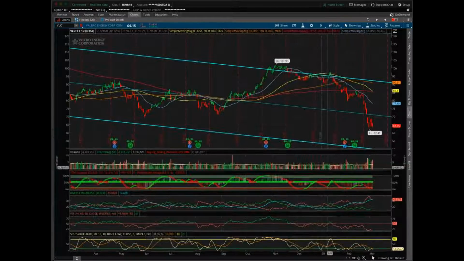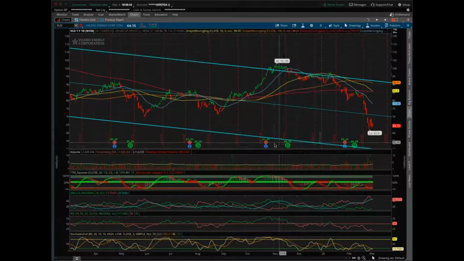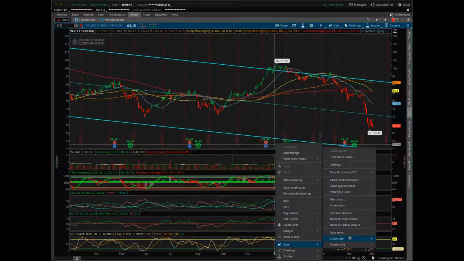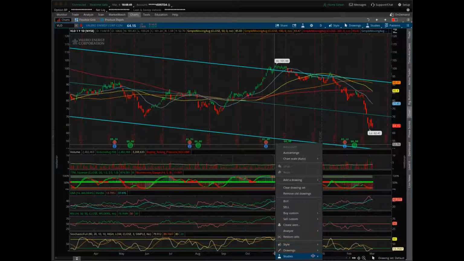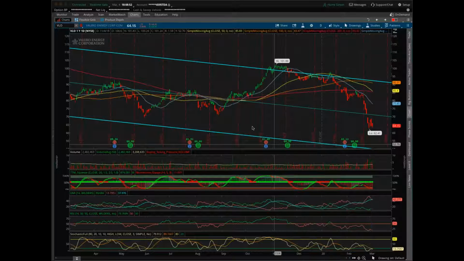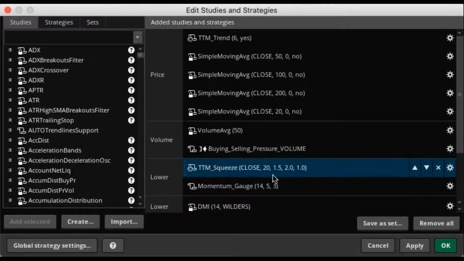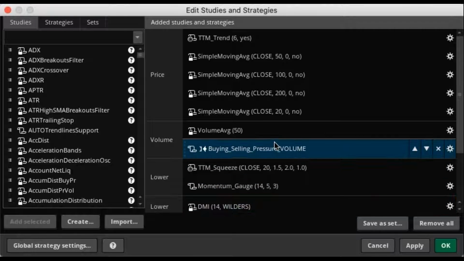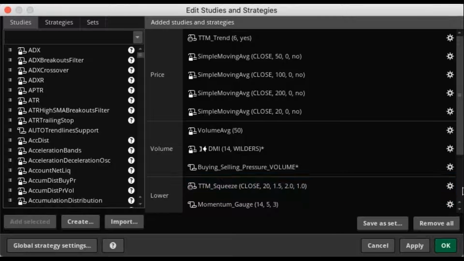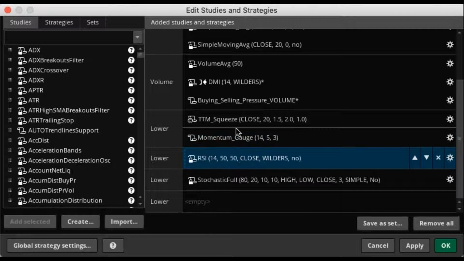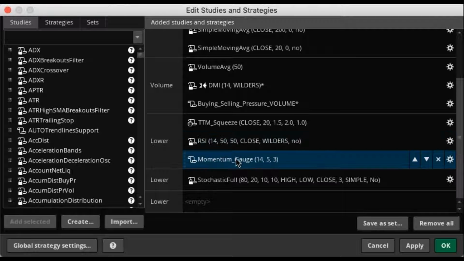So class, go back to edit studies. Okay, edit studies, and then I am going to put my DMI inside my volume, my RSI underneath that.